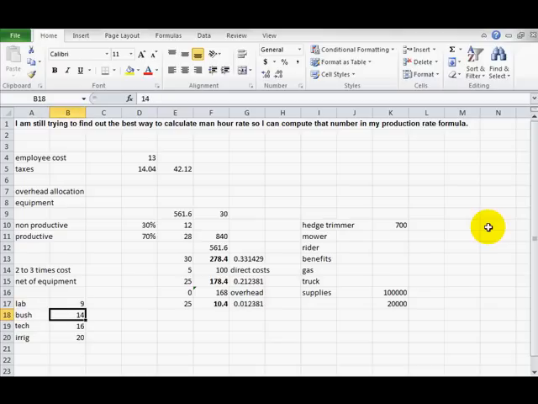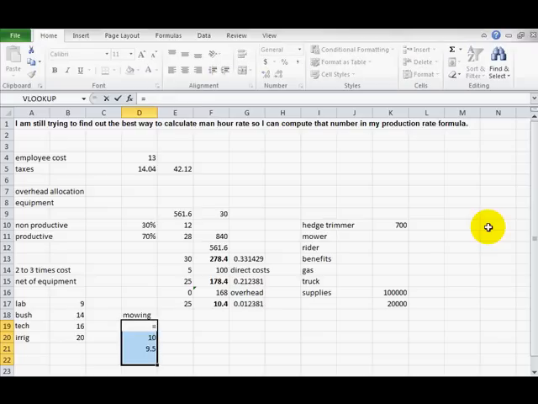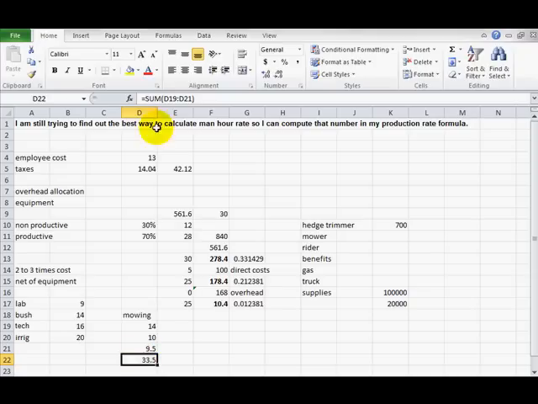Now you might be able to find averages within that. So for example, if I've got a mowing crew, and within the mowing crew I have a foreman that makes $14 an hour, a guy that makes $10, and a guy that makes $9.50 an hour. So I've got an average here of, let's just figure this out, $11 an hour.